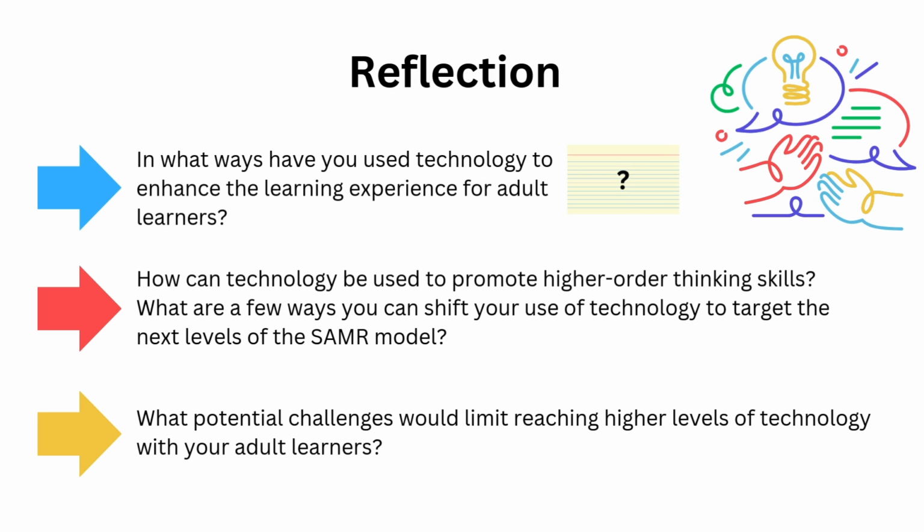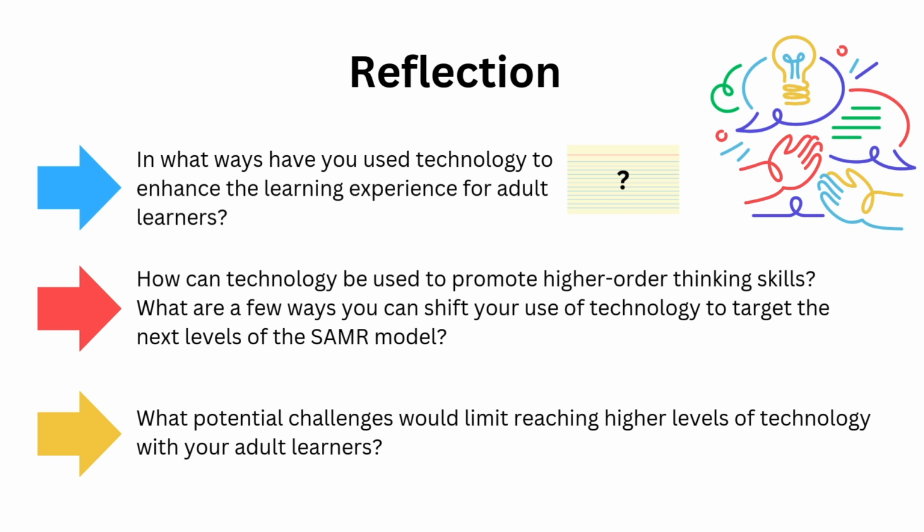Let's take a minute to pause for quick reflection. First, in what ways have you used technology to enhance the learning experience for adult learners? I posed this question at the beginning of this presentation. Now, consider what you might have written down at the start of this presentation.